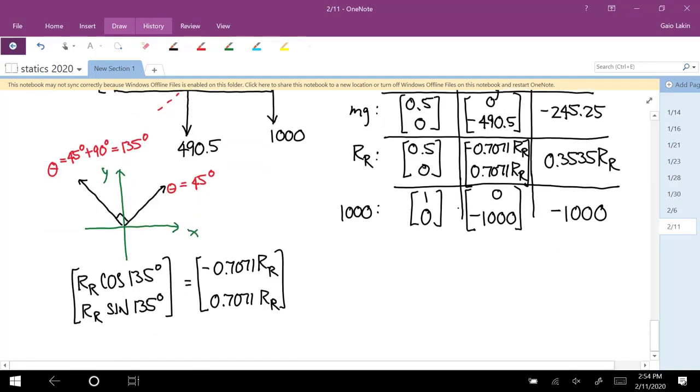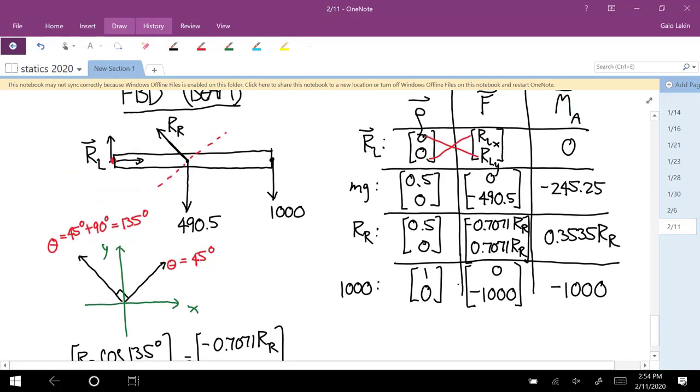And now Newton's second law: just add up all the force column things and set those equal to 0. Rotational equation: add up all the moment column things and set those equal to 0.